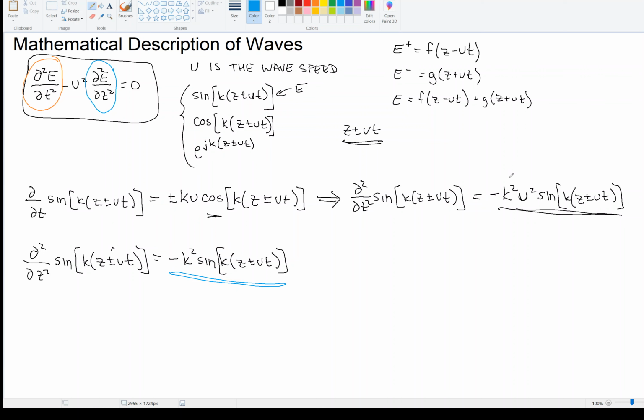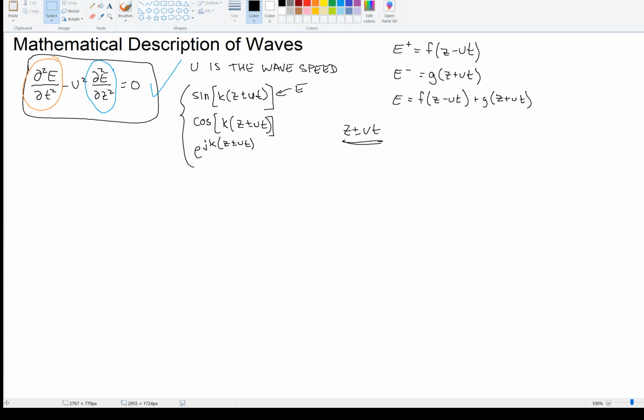And when I add it to this, which is minus k squared u squared, I get 0. So yes, it does work out. It does satisfy the wave equation. And the other ones do too, and I'll just let you verify that on your own time.